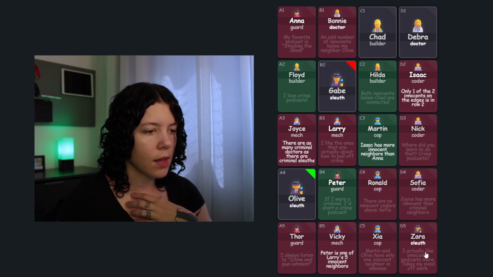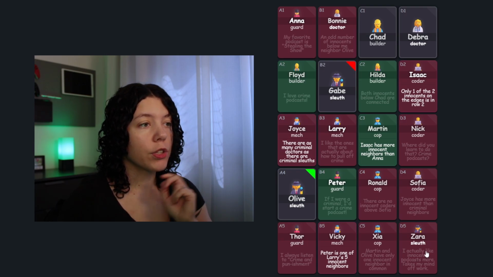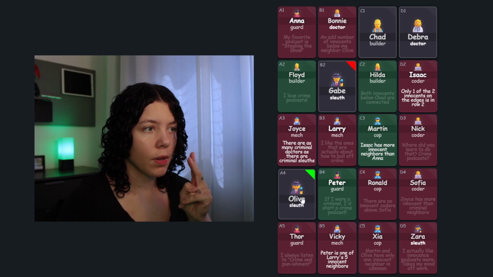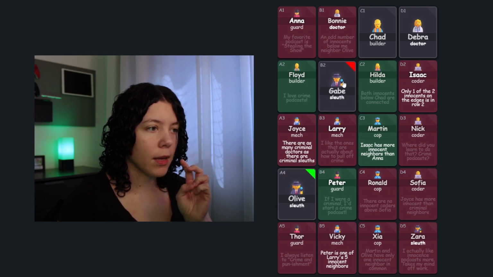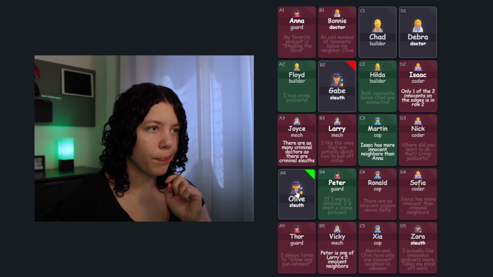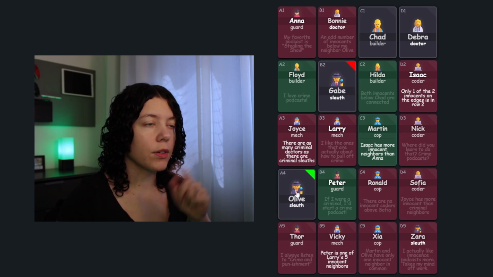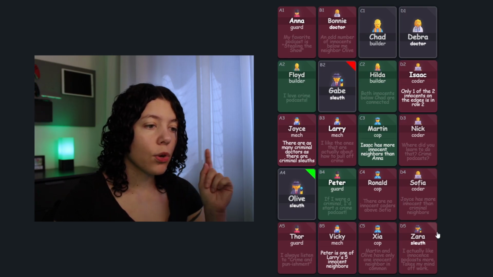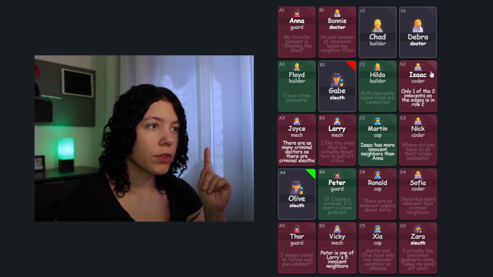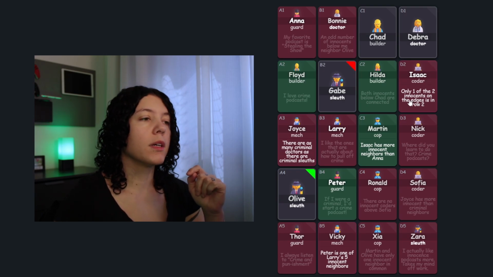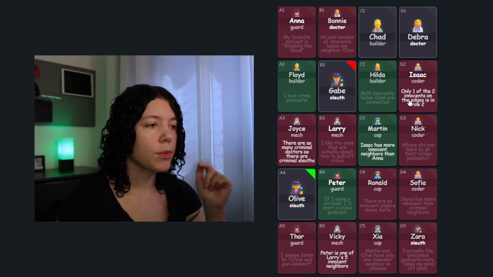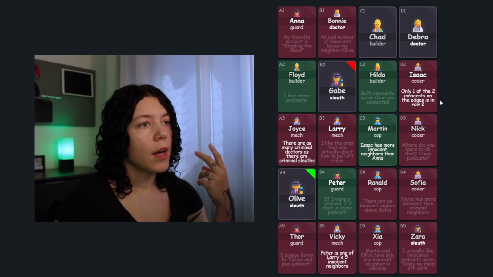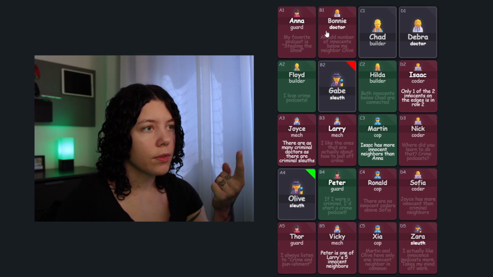And Zara, 3. But there are going to be for sure 2 criminal sleuths, because both Olive and Gabe, who are not assigned yet, are sleuths and are going to have 1 criminal among them. So both doctors have to be criminals, because there are as many criminal doctors as there are criminal sleuths. 2 criminal sleuths, and only 1 doctor left, and the other one's already a criminal.